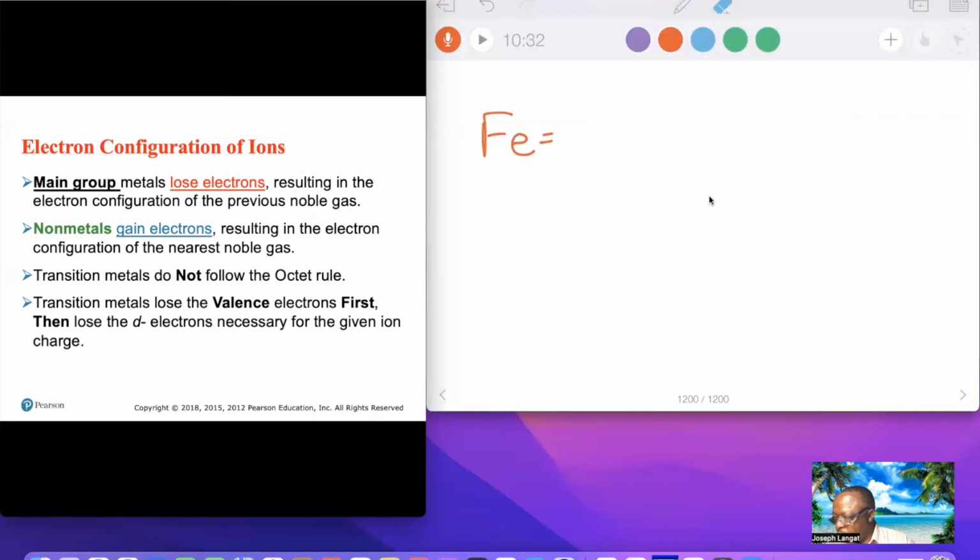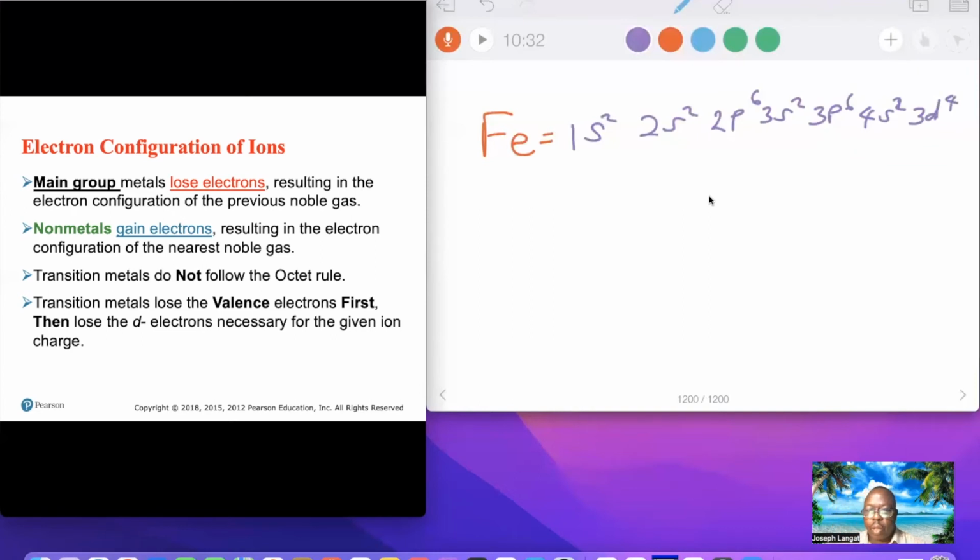The electron configuration for iron is 1s2, 2s2, 2p6, 3s2, that's 12, 3p6, that's 18, 4s2, sorry, that's 20, and iron is number 26, so 3d6.